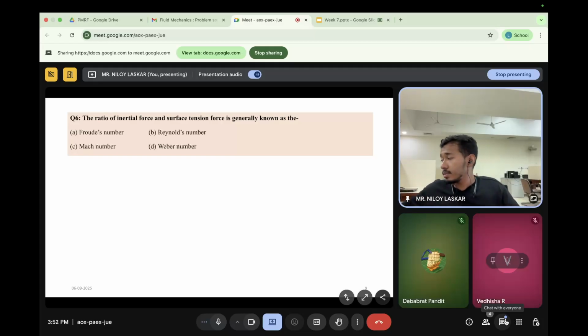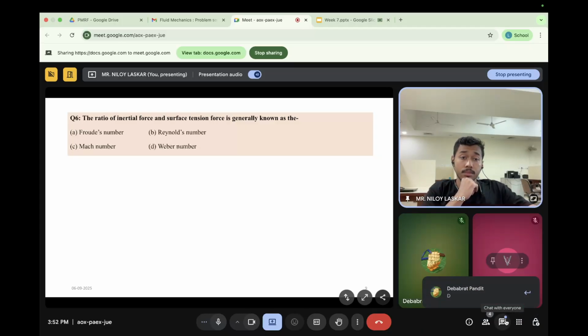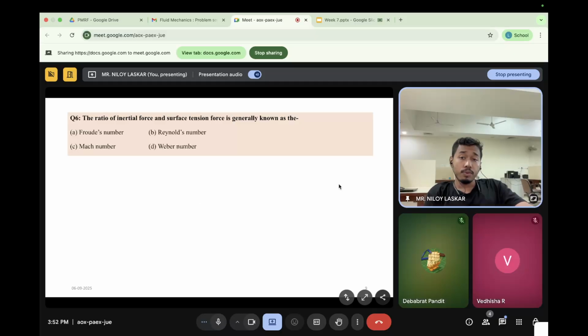Yes, it's correct. Both of you are correct. The ratio of the inertial force and the surface tension force is known as the Weber number, right? What is the purpose of using this number?